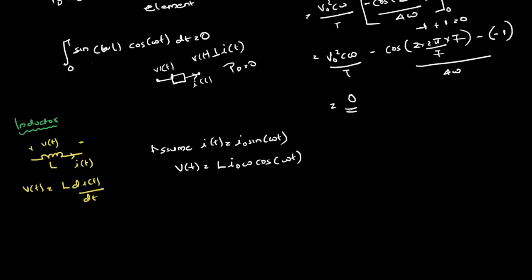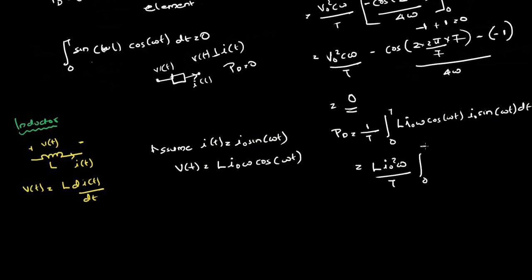Hence the power dissipated can be written as Pd equal to 1 by T integral 0 to T of L I0 omega cos omega t times I0 sine of omega t dt, which is equal to L I0 squared omega by T integral 0 to T sine of omega t cos of omega t dt.